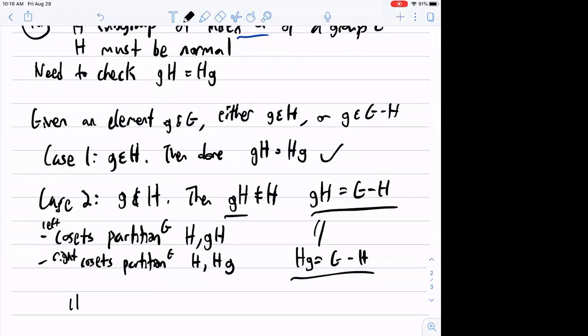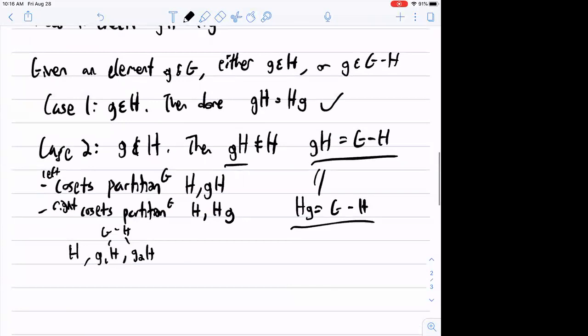Because you can have H, and then within G minus H, you can have like maybe g1H, g2H. And then on the right coset part, you can have H, Hg1, Hg2. But then Hg1 could be g2H, and then Hg2 could be g1H.